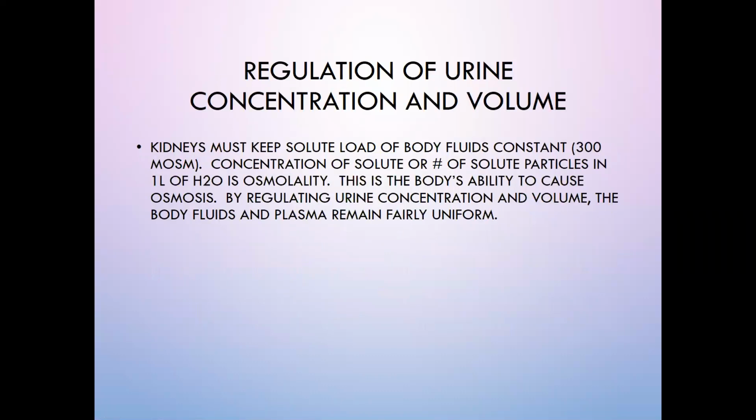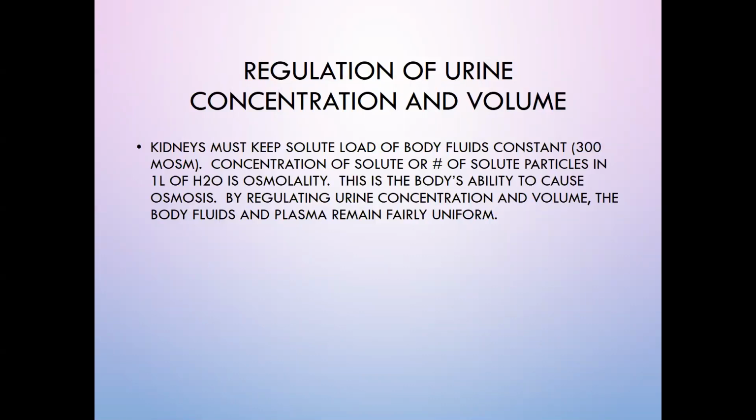All right, so we've already gone through how the loop of Henle works, but we need to discuss it in a bit more detail so that we really get a good understanding of the purpose of the loop of Henle. In order to make sure that our solute load is always 300 milliosmoles, which is what our plasma is, our interstitial fluid, our intracellular fluid.